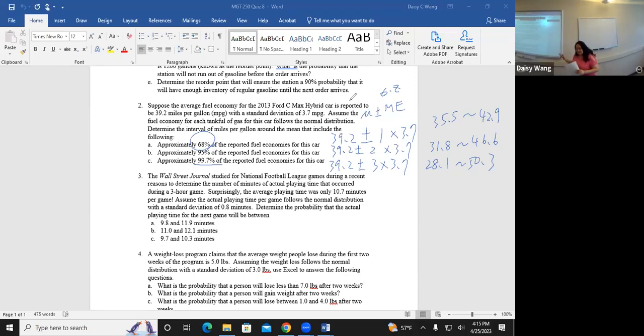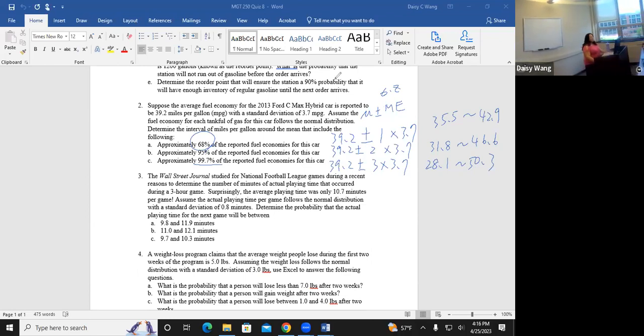Or they can say it will be between 31.8 and 46.6, and they have a 5% chance that this might be wrong. Okay, so that's question 2. Let me erase this.